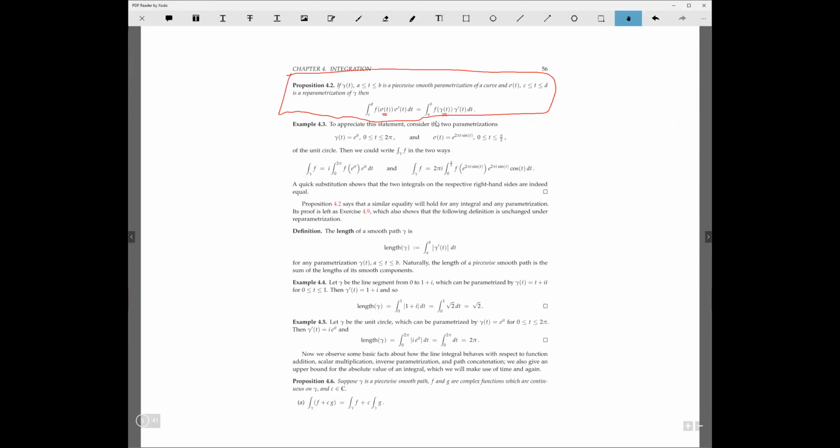Once again, the way that this works is it doesn't matter what parameterization you use, it would give you all the same answers. Okay, the next definition is the length. The length of a curve is defined to be the integral of the modulus of gamma prime of t dt.